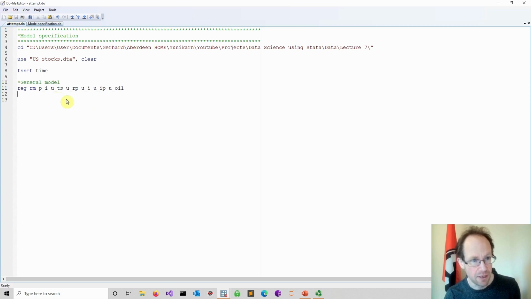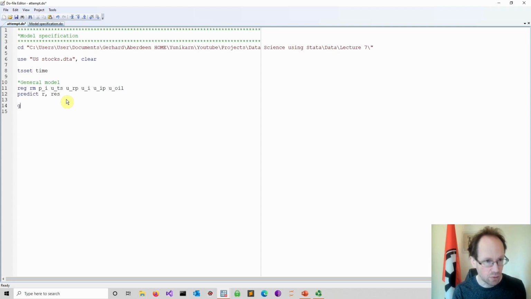What we definitely need to do is, after estimating this, we have to preserve the sample. One way to do this is to simply predict residuals. So I can do something like predict R, res for residual. So we get residual predictions if we have observations, and we can use that to define a sample.